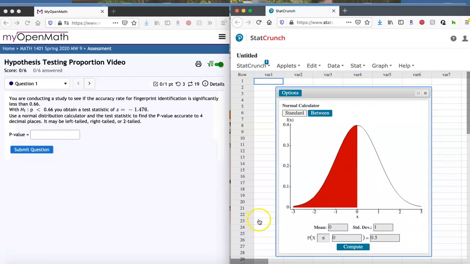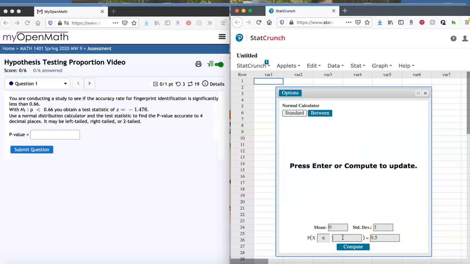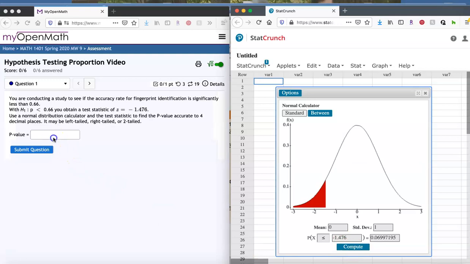Okay, this is your normal calculator. Less than, so you want to keep it with less than. What is it less than? 0.66. That's the setup, and it tells you to use a left tail. But this is the Z. Remember, this is on the Z scale. Standard normal, 0 and 1. Put the Z value in here, negative 1.476, and then compute.